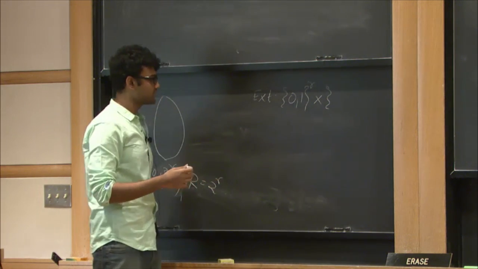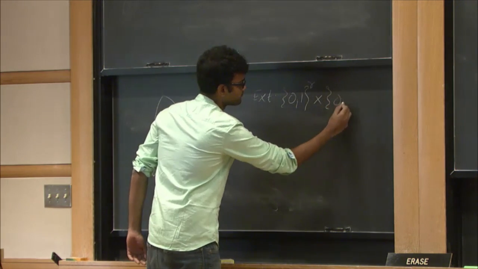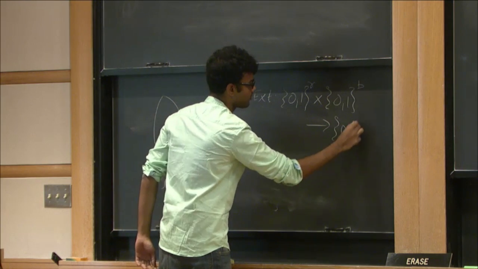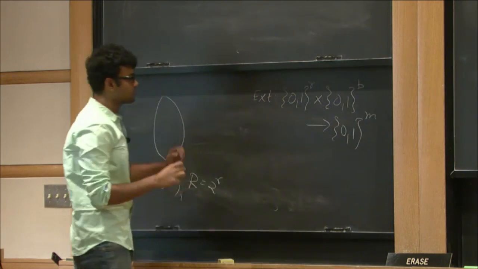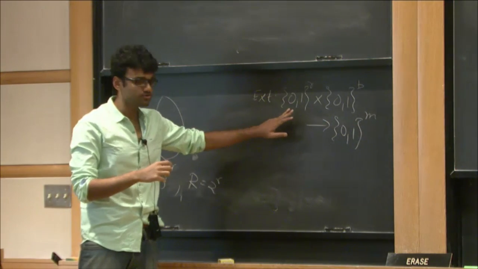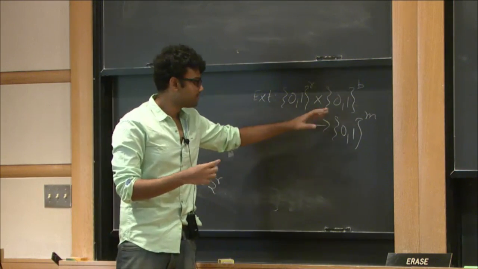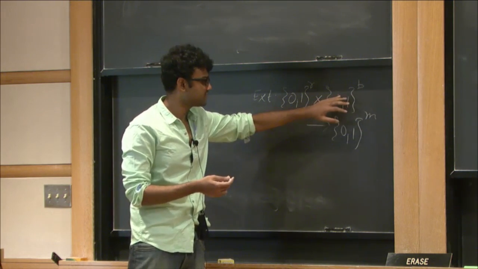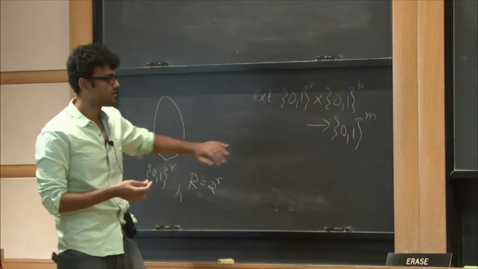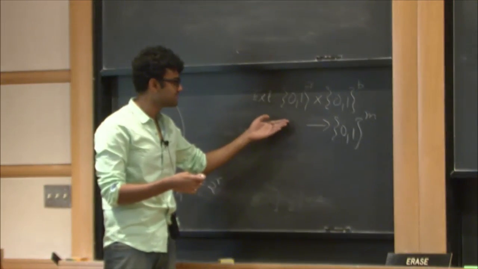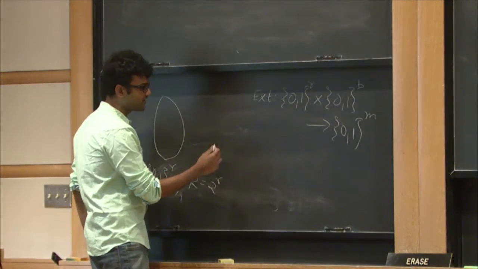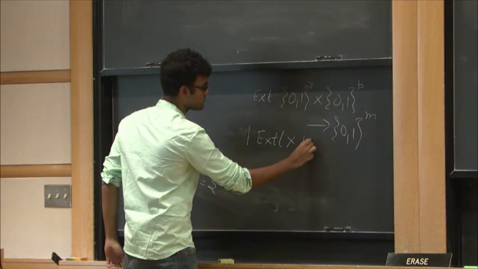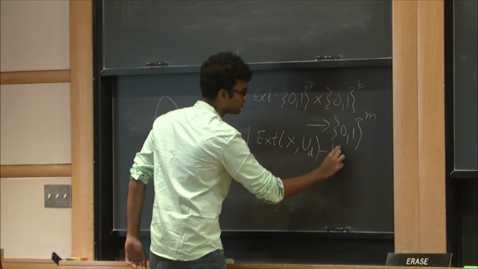Such an extractor takes in a weak source x, uses a seed of length b, which is uniform, and outputs m bits. The property is that the output of the extractor is close to uniform.